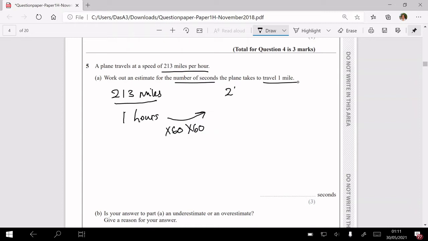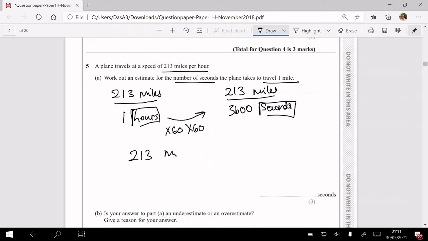So that is 213 miles over 3,600 seconds. You haven't really done major calculation here, you just converted the units from hours to seconds. Now you want to find the seconds for 1 mile.